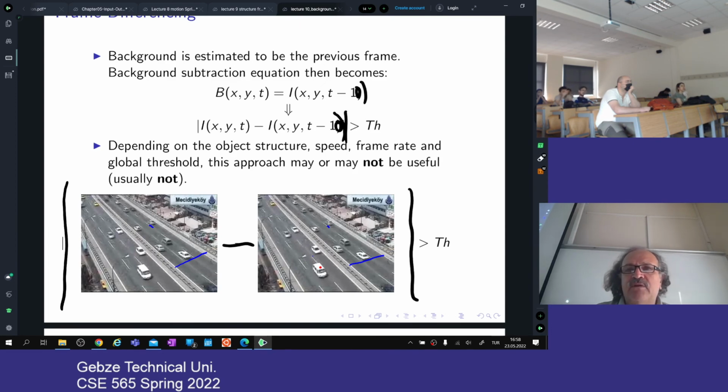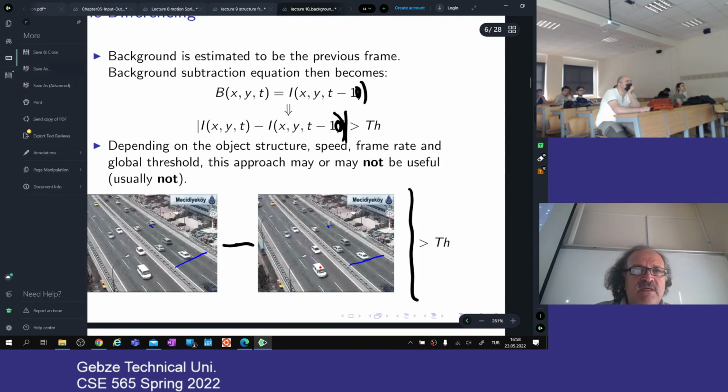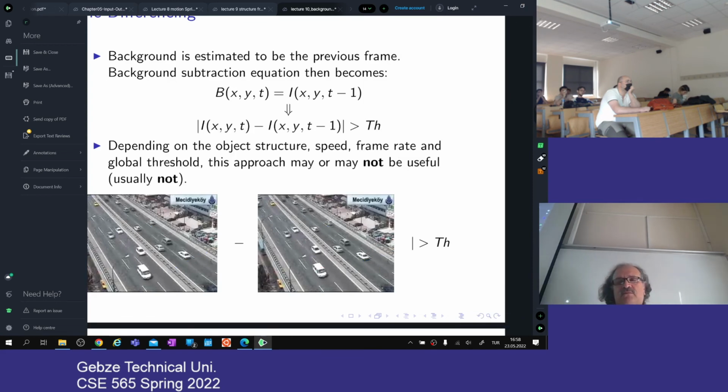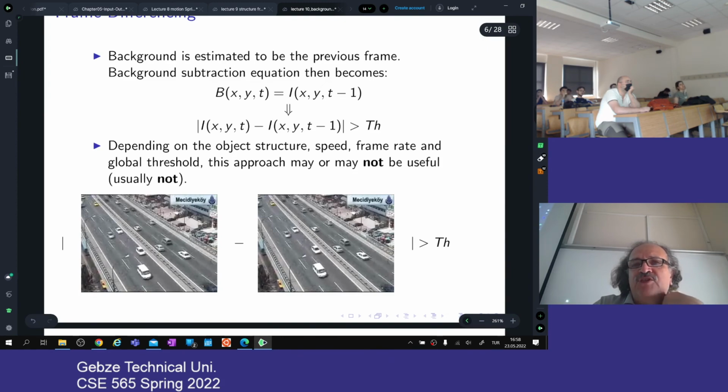Is it a good assumption? Let me clear all annotations. Assume your image T-1 is your background image.